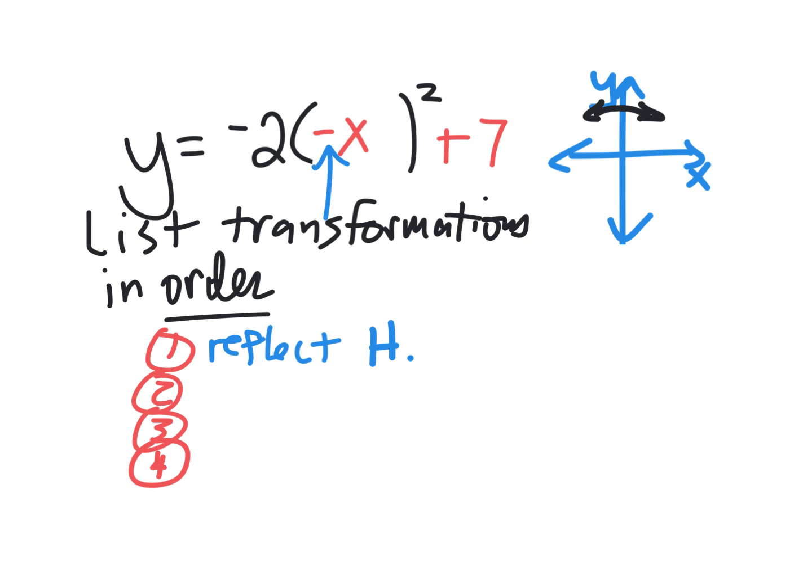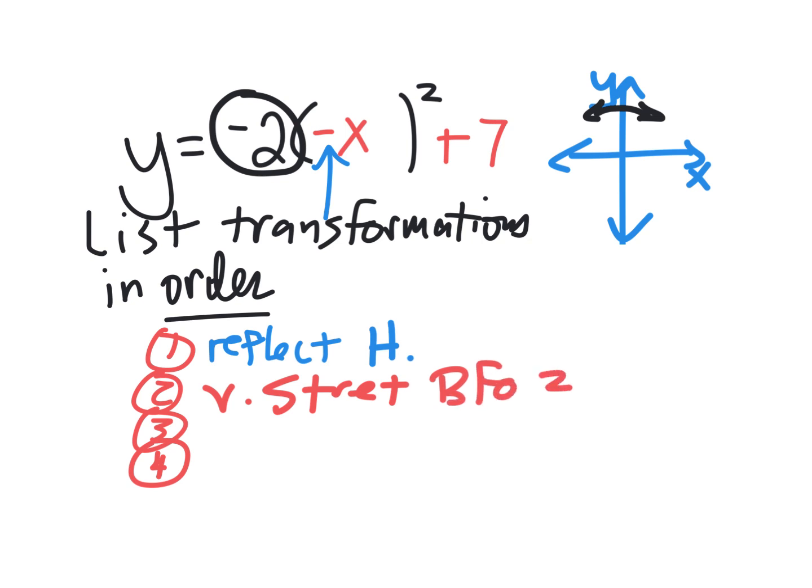And this is Jackie. All right, and since these two are tied, I would allow you to start with stretch, or you could have said reflect, but either way, vertical stretch, by a factor of 2. Very good.